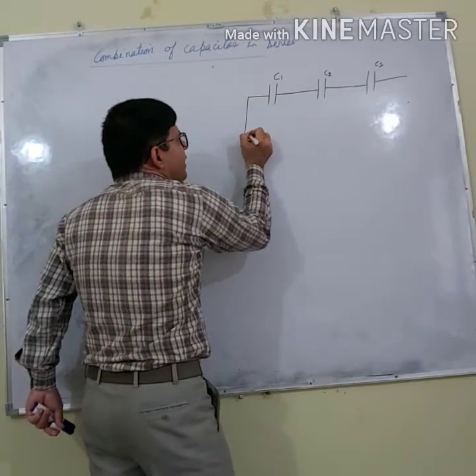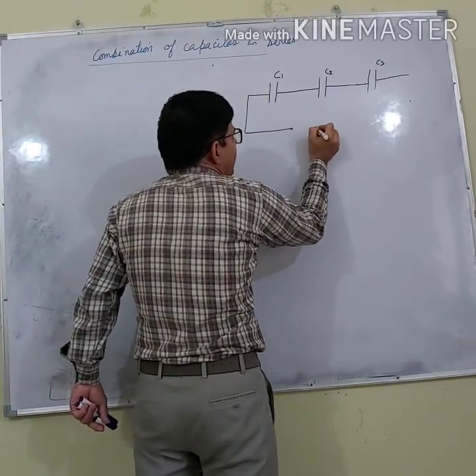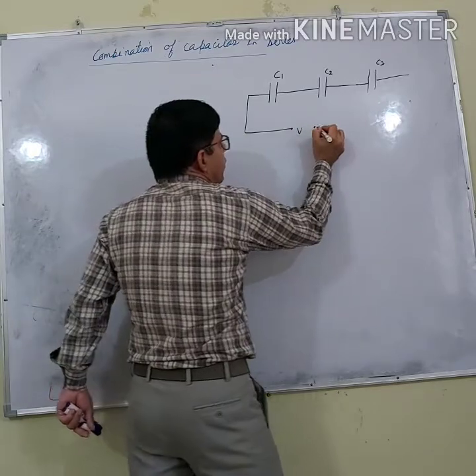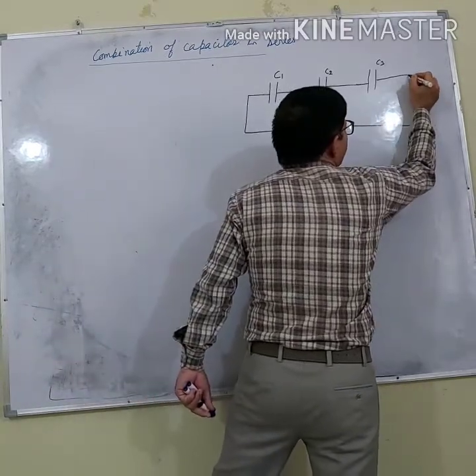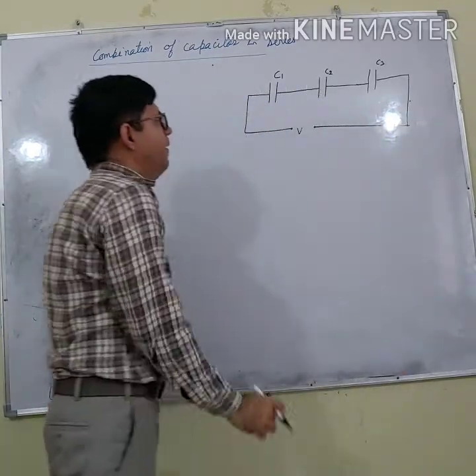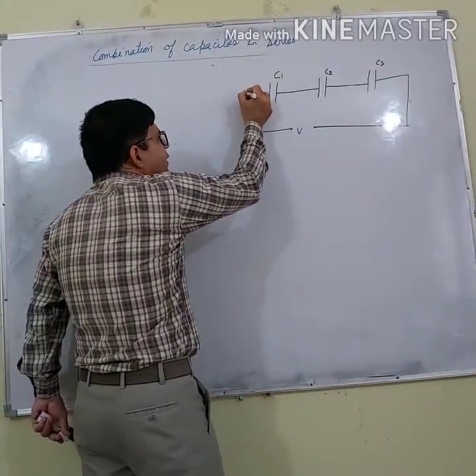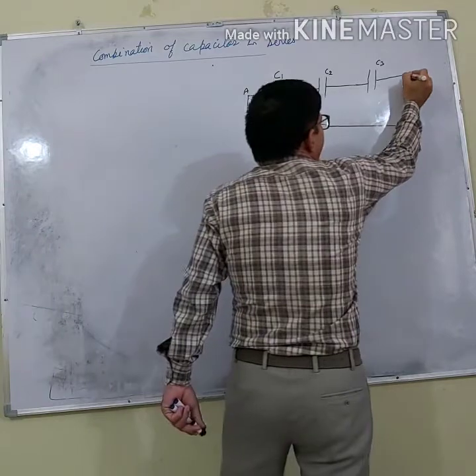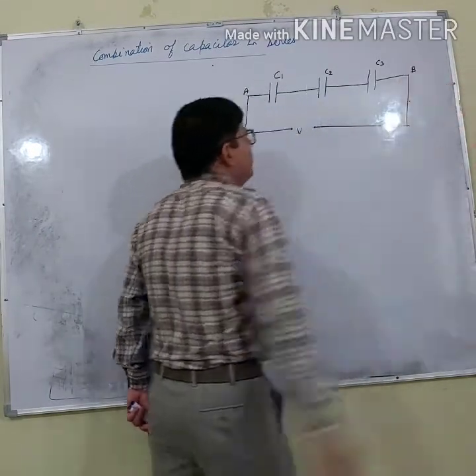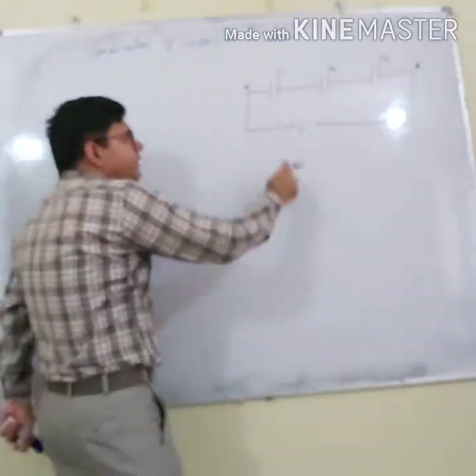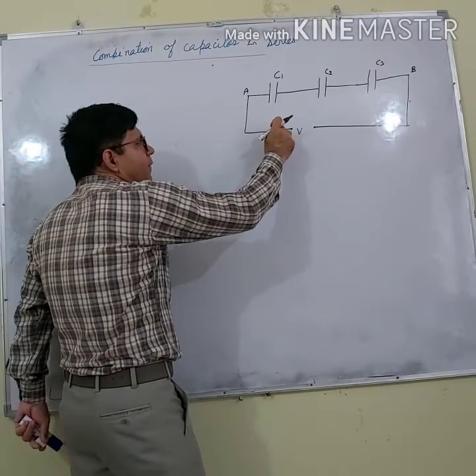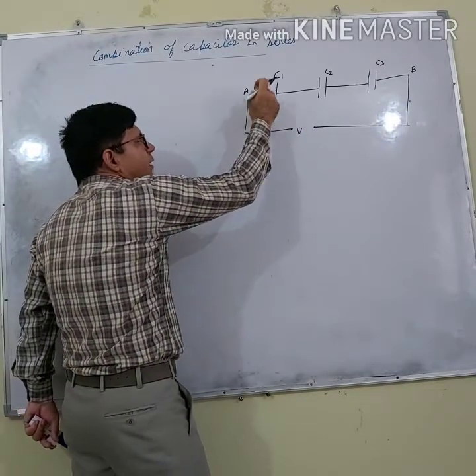Now let us say these capacitors are connected to a source whose potential difference is V. Let us say this point is A and this point is B. During charging, charge comes here.